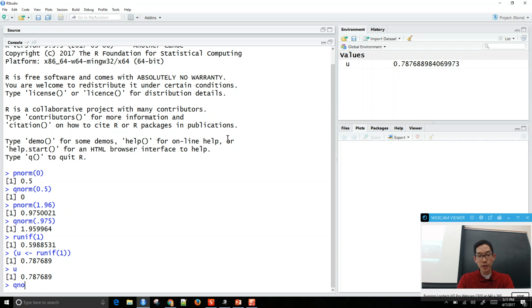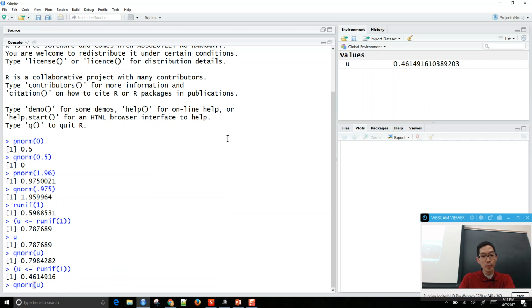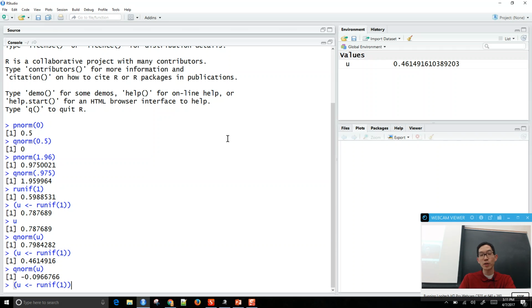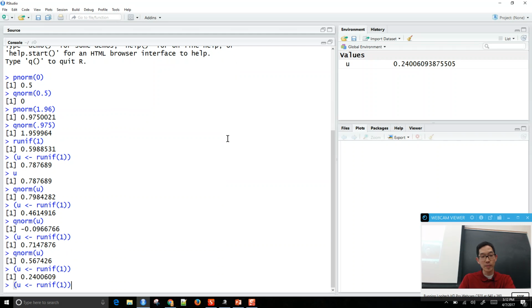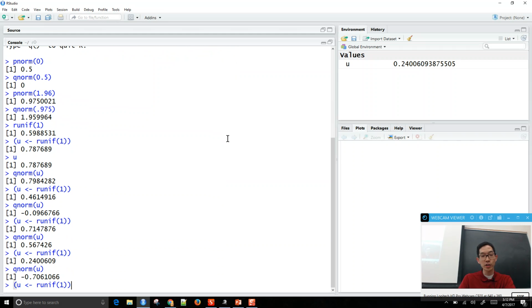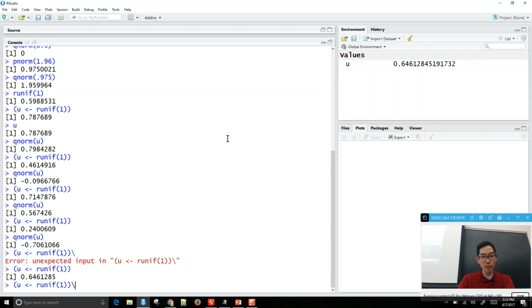I can plug this into Qnorm, and coincidentally, it's also kind of 0.79. But this is a value from the random normal. I could say, give me another U, and I plug that in, and this gives me another random normal. Give me another U. And these are all draws from the random normal distribution.